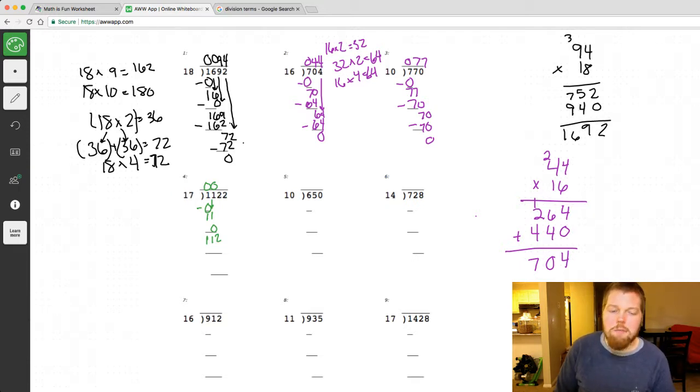So how many times can 17 go into 112 without going over? Another strategy that I like to use, I told you I like to multiply by 10 and multiply by doubles. If we know what 17 times 10 is, which is 170, then we can say, what's half of 170?